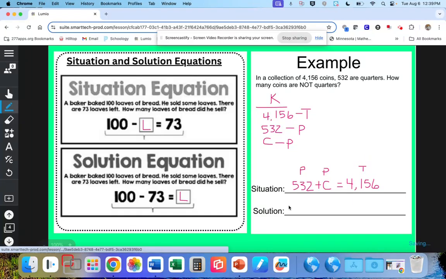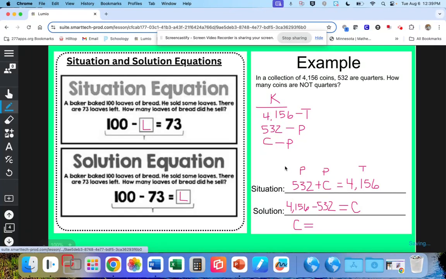Now, if we want to switch this around to solve for C, we have a total and a part. So we are going to use subtraction because that is the partner to addition. And then we would probably solve this problem out to find out exactly how much C equals.